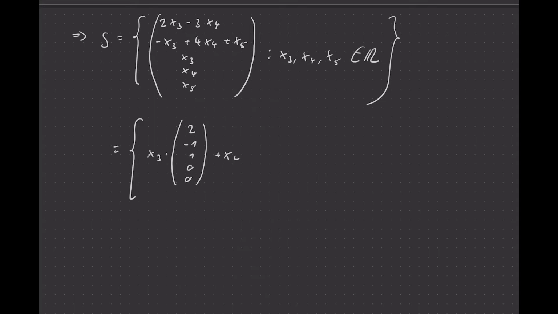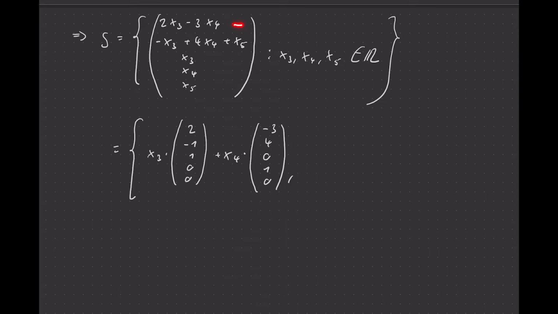Then we collect the x4 parts. So here we have -3, +4, no x4 here, 1, and 0. So -3, 4, 0, 1, 0. And finally, the x5 parts.